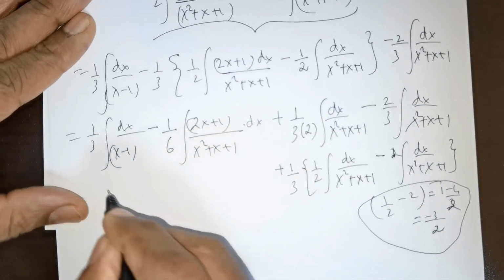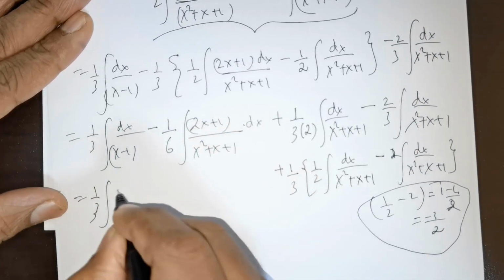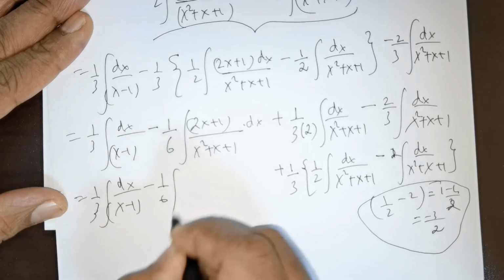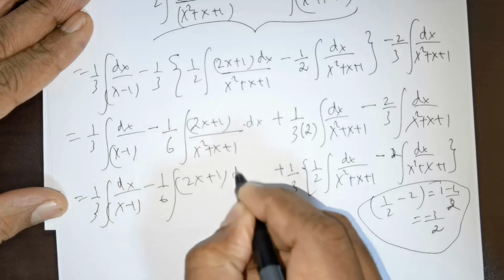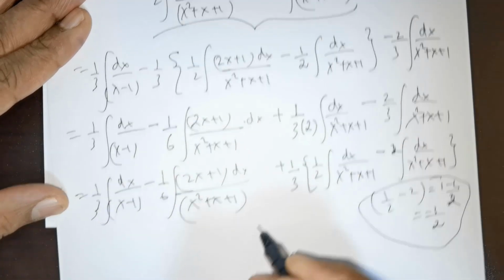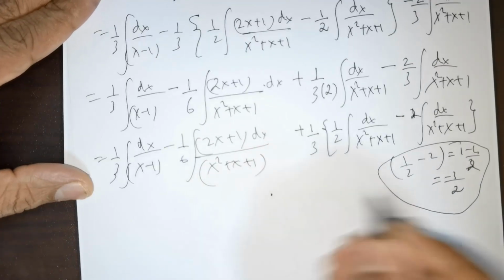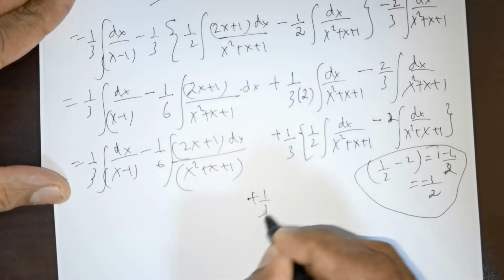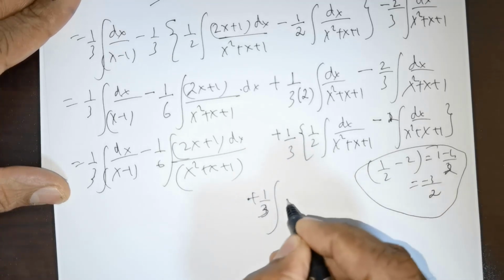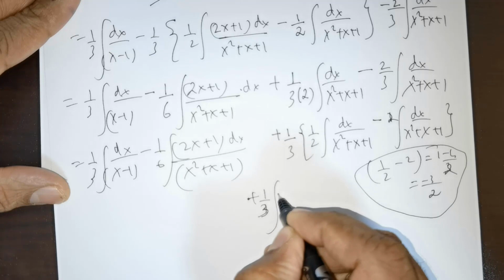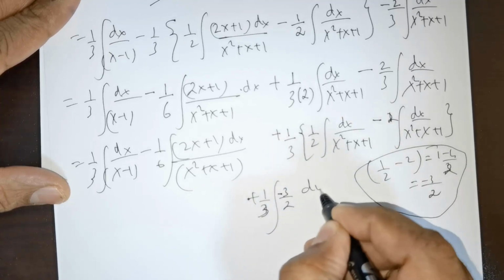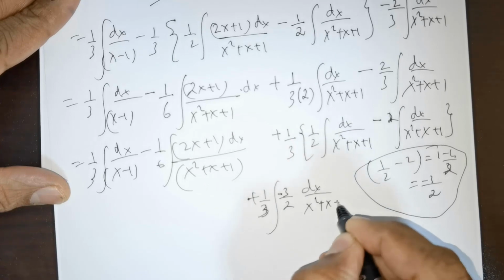So just for being consistent, I'm going to rewrite this: 1/3 integral dx over (x−1), negative 1/6 integral (2x+1) dx divided by (x²+x+1). Now this is summed up as positive 1/3 times negative 3/2, and you have dx divided by (x²+x+1).